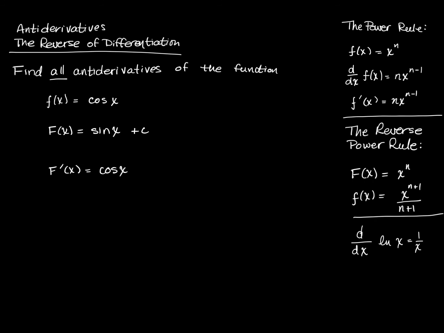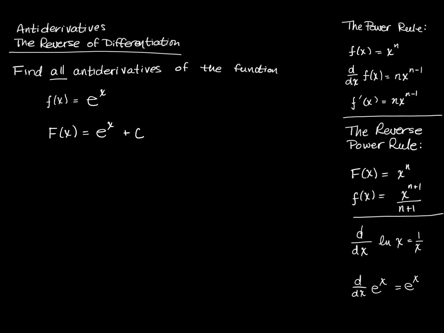Let's do another one. If f of x is e to the x, what is the antiderivative of that function? Well, remember that the derivative of e to the x was e to the x. So the antiderivative of e to the x is e to the x. But the antiderivative of e to the x could be e to the x plus 17, or plus 1, or minus 3.